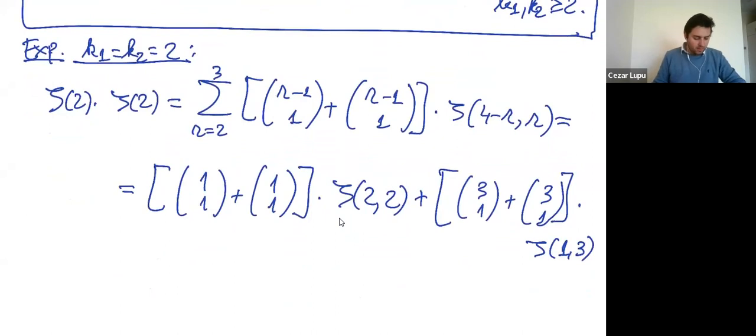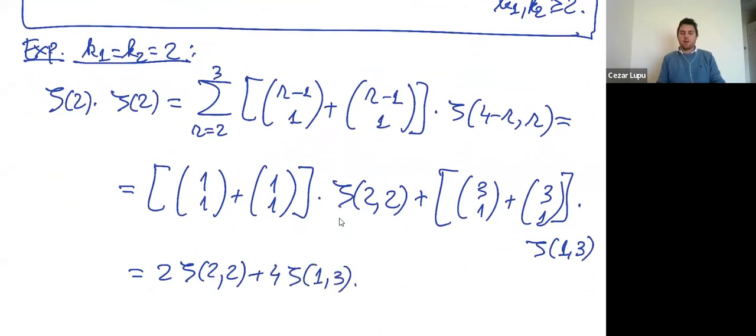And of course, this will give us 2 zeta of 2, 2 plus 4 zeta of 1, 3, which is exactly what we proved last time when we multiplied their integral representations. So you see, this indeed confirms the shuffle product that we talked about, right?